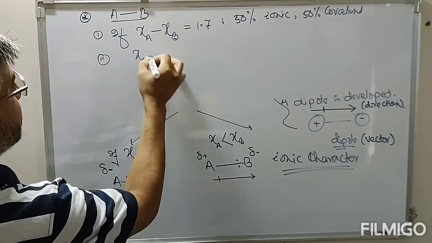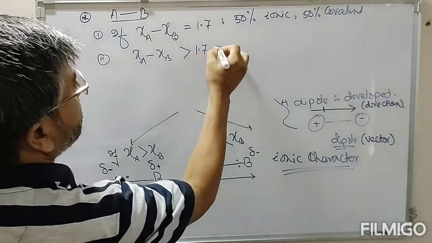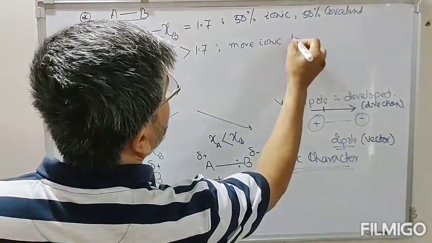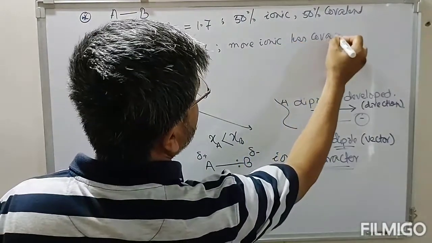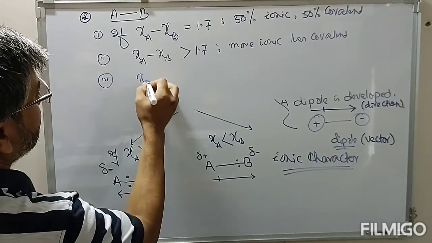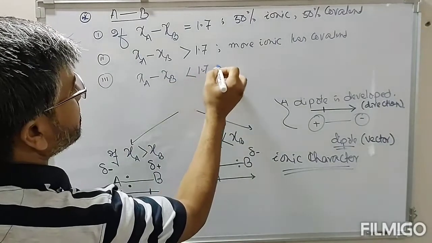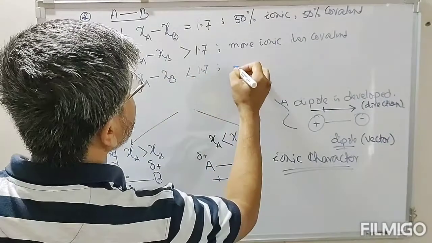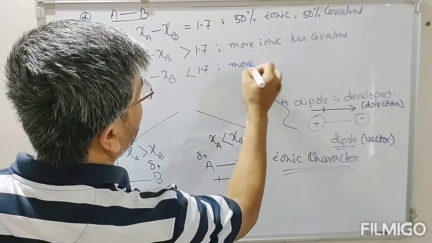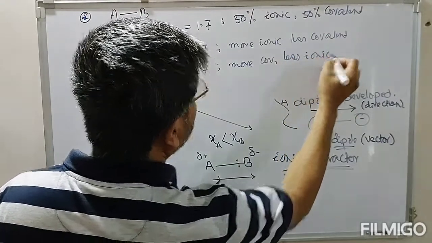If this electronegativity difference is greater than 1.7, we say more ionic, less covalent. But if the electronegativity difference is less than 1.7, we say this is more covalent, less ionic.